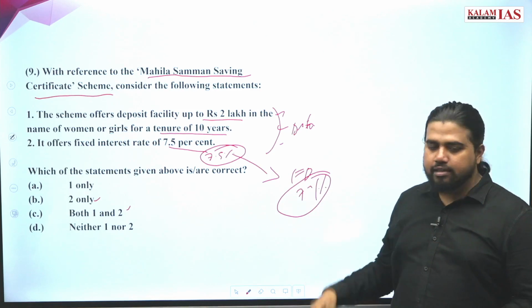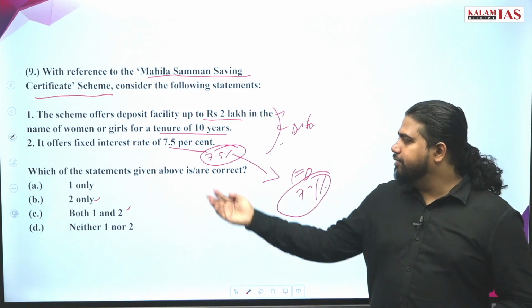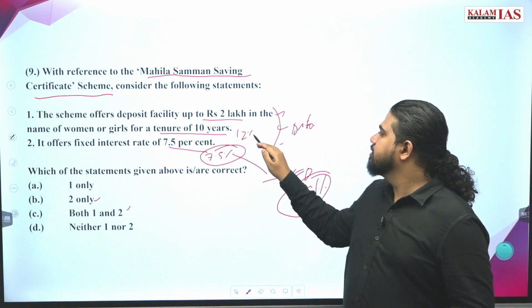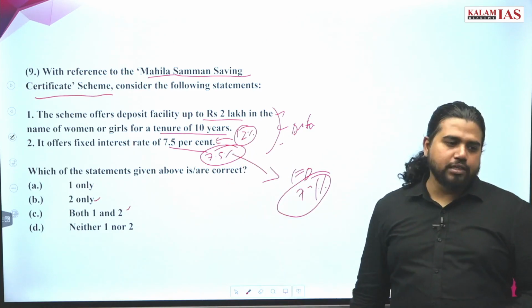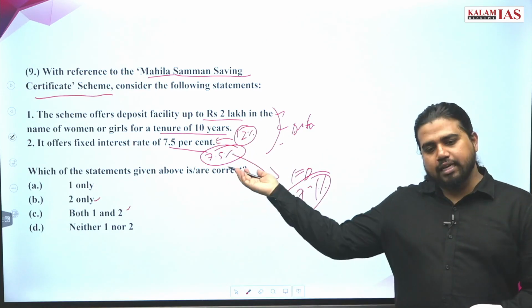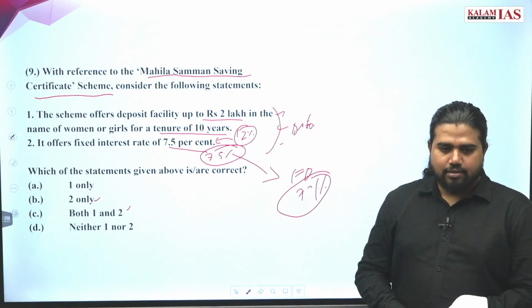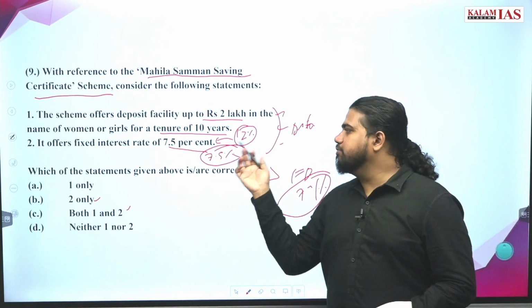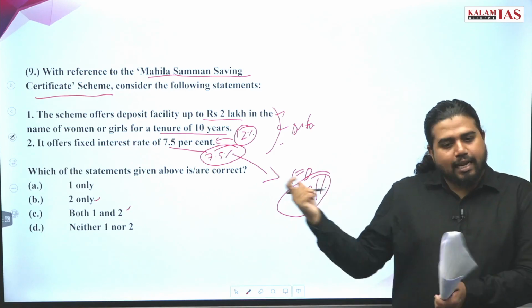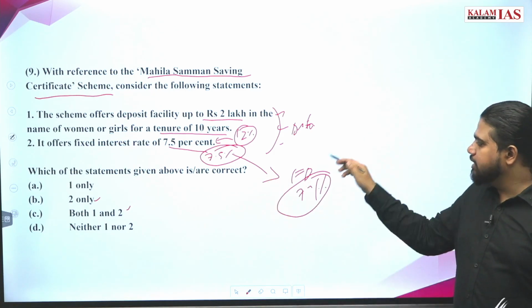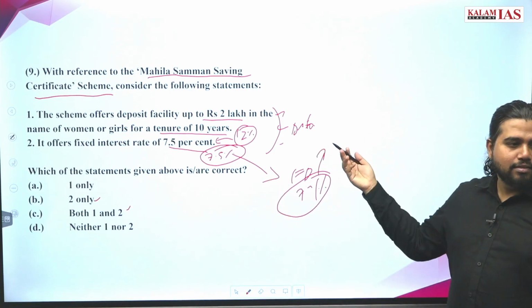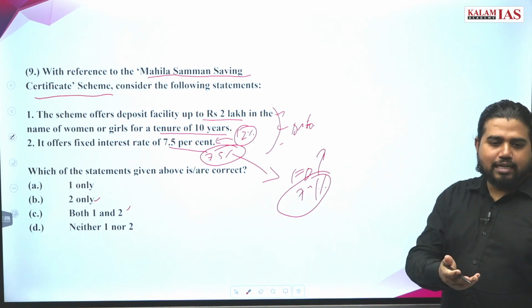Otherwise, keep money in FD. And if it is 12%, then that is too much to ask for. Government cannot keep the interest rate at extremely high levels, like 20% or 15%. 7.5 is something which you can think can be very much feasible. Or if you can think of other schemes, like there is a scheme for the girl child. What is its name?